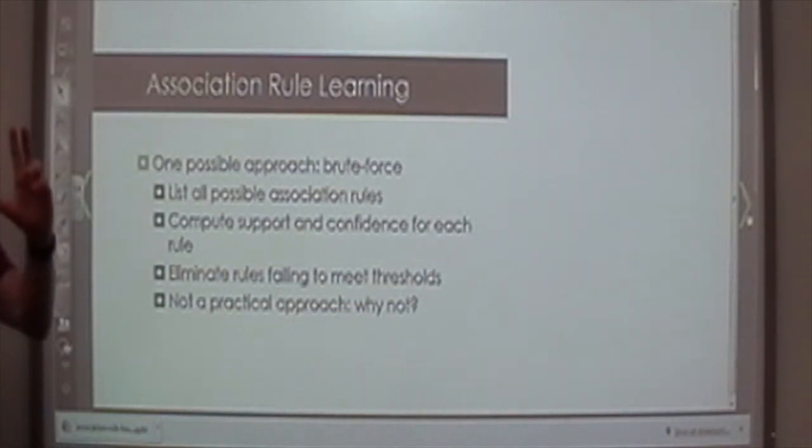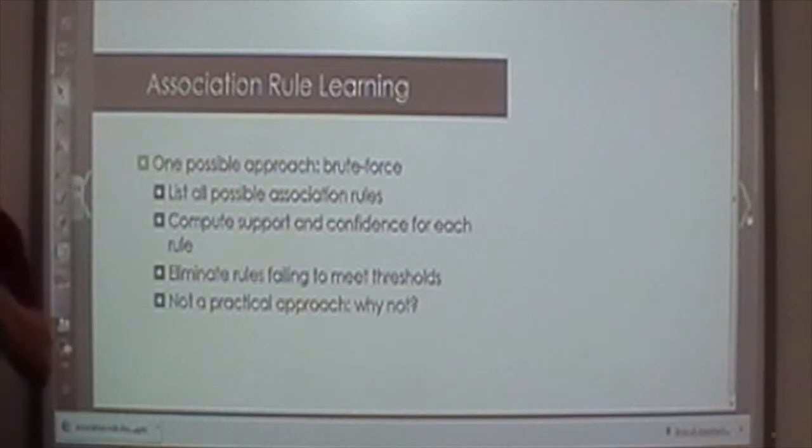How many possible subsets are there? Oh, isn't it 2 to the n? Okay, so that includes the empty set. If we exclude the empty set, because that's not something we're interested in, it would be 2 to the size of our item set, minus 1.